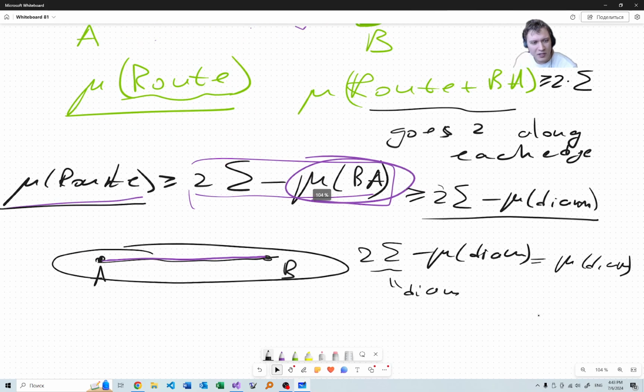For example, we have some vertex which was not visited. Let's find the nearest vertex in our tree to this vertex. So there is some path here. Now let's insert into our path this piece where we go from this vertex C here and immediately go back.